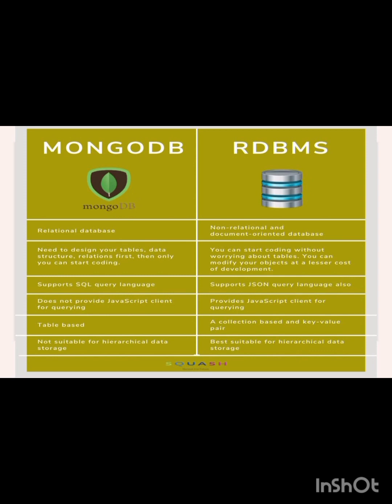RDBMS supports complex joins, whereas MongoDB doesn't support complex joins. RDBMS is column based, whereas MongoDB is field based. RDBMS does not provide a JavaScript client for querying, whereas MongoDB provides a JavaScript client for querying. RDBMS supports the SQL query language only, whereas MongoDB supports JSON queries.